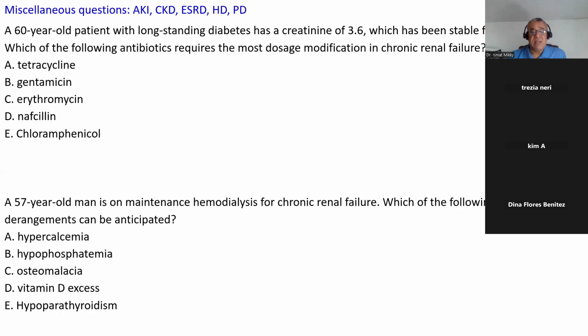But the most nephrotoxic ones are the aminoglycosides and vancomycin. The most nephrotoxic meds, aminoglycosides and vancomycin. We should try to avoid them, try to exclude them from the list of antibiotics to be used for patients, especially if they have a renal insufficiency.